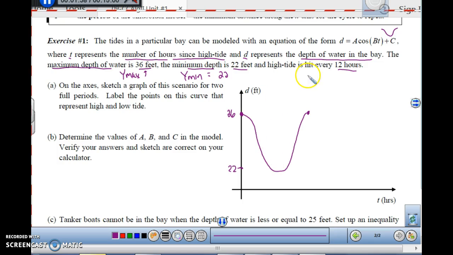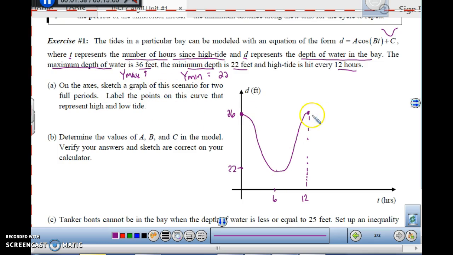It says high tide is hit every 12 hours. So this time right here will be 12 hours. If this is one full cycle, then this would have to be at 6 hours, because it is halfway between. It said to sketch the graph for 2 full periods.